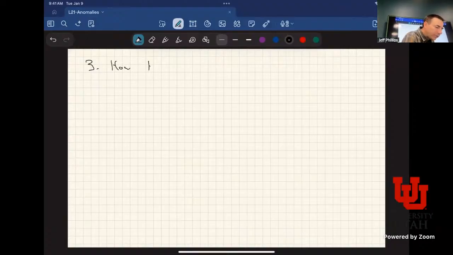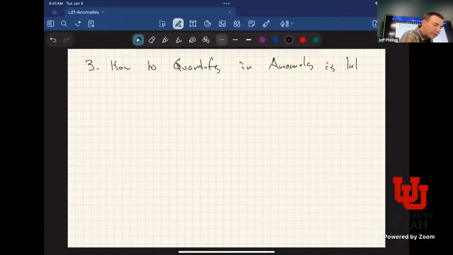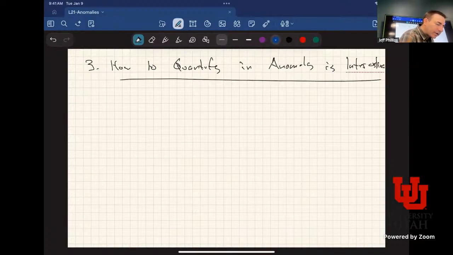how to quantify if the anomaly is interesting. Okay, I want to quantify if the anomaly is interesting or not.